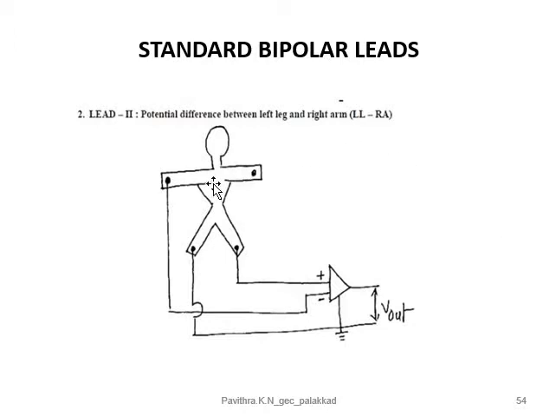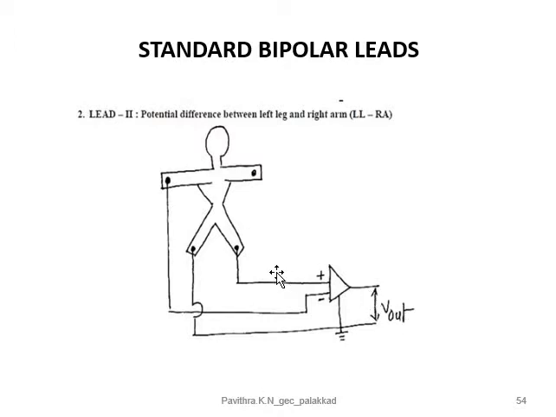So here you can see one active electrode is from the left leg and the other active electrode is from the right arm. Okay, and the reference electrode is the same as in lead 1, that is from the right leg.